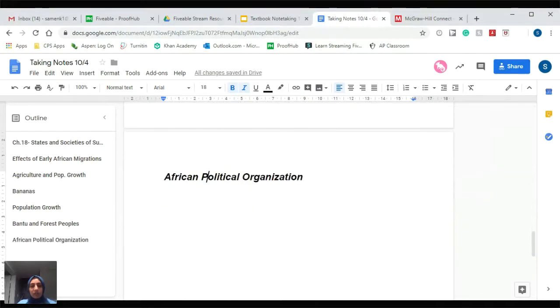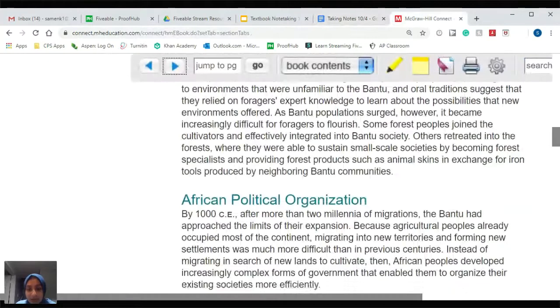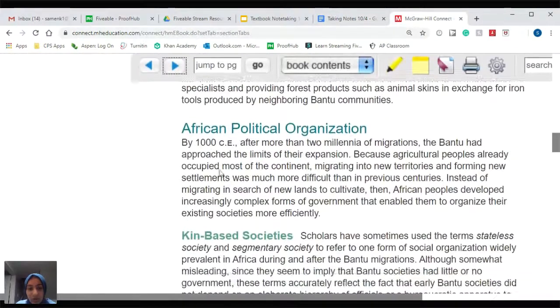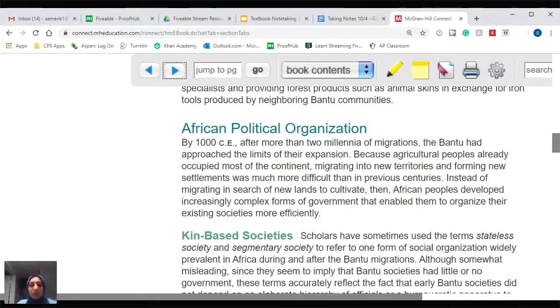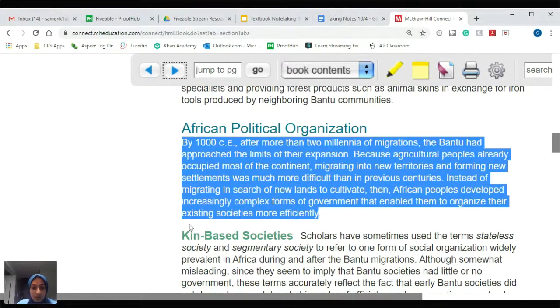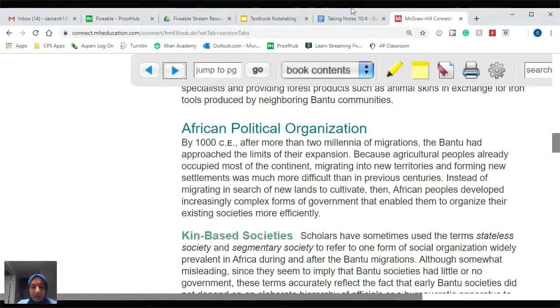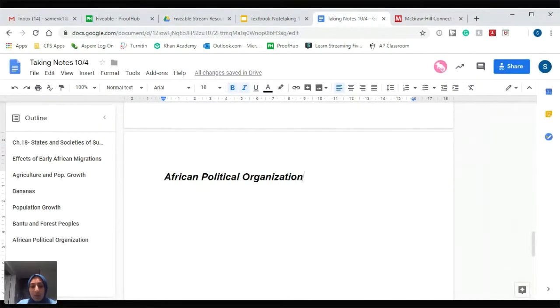Our notes under this are going to be focused on the politics of Africa at this time and how they formed their societies in political ways. Again, it gives us a little summary before we jump into the specifics, so we'll read this and pick out what we think is most important.